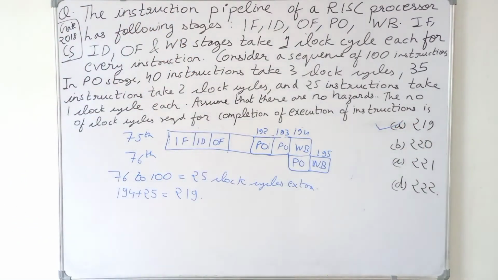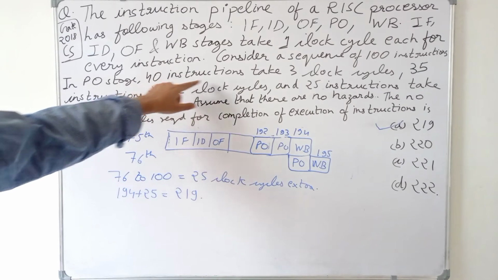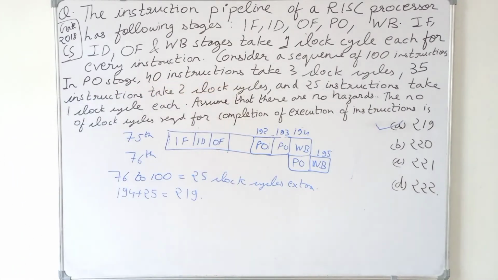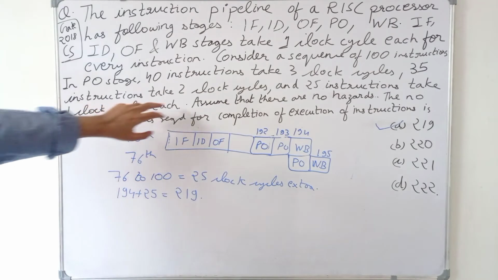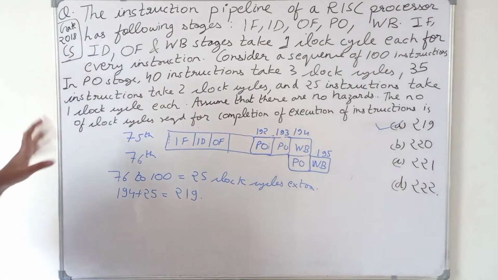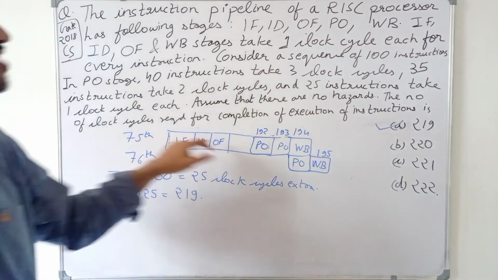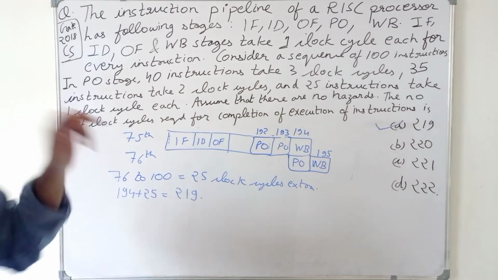See, the first instruction will take 7 clock cycles. There are 40 instructions which take 3 clock cycles, so the 39 instructions will take 117 extra clock cycles. So 7 plus 117 is 124. Then the next instructions take 2 clock cycles for the PO stage, so they will take 70 extra clock cycles. So the 75th instruction will be completed in the 194th clock cycle.